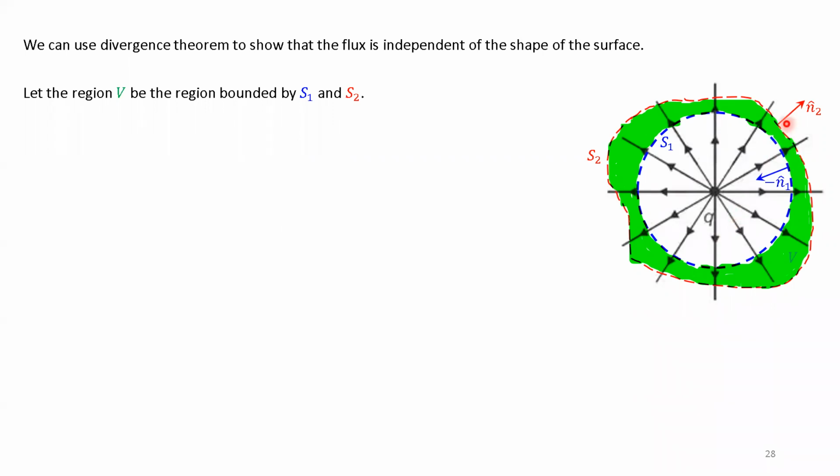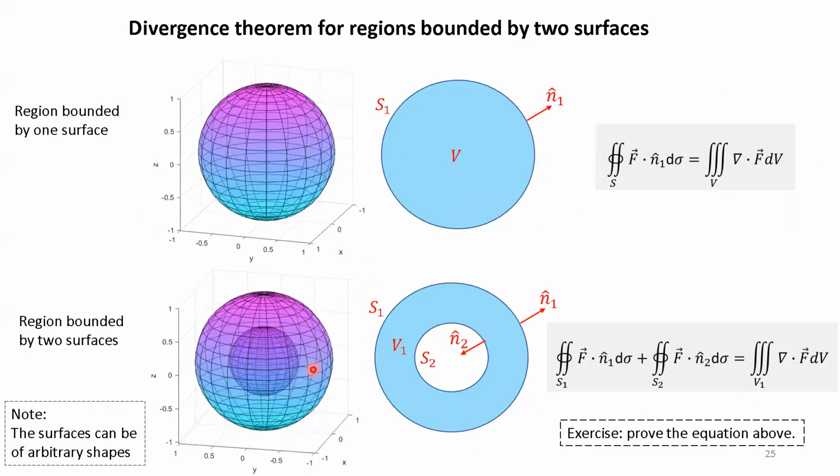So now you can see that I am forming a region that has a big hole. S2 is the biggest one with this arbitrary shape, and S1 is a slightly smaller one, but with a spherical shape. If you compare with the earlier case, they're talking about the same thing. It's just that now I'm not talking about two spherical surfaces anymore. The outer one is a surface that has an arbitrary shape.